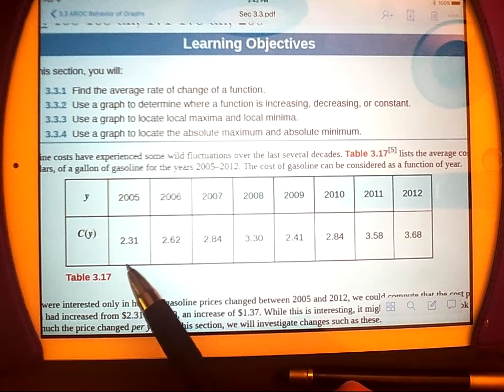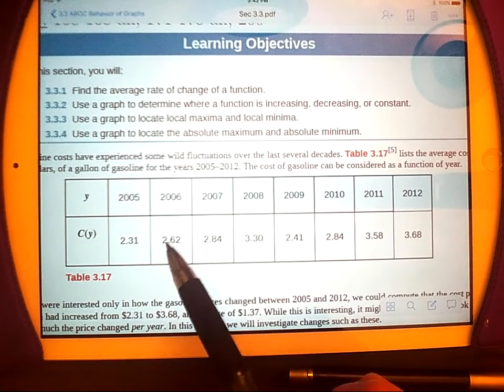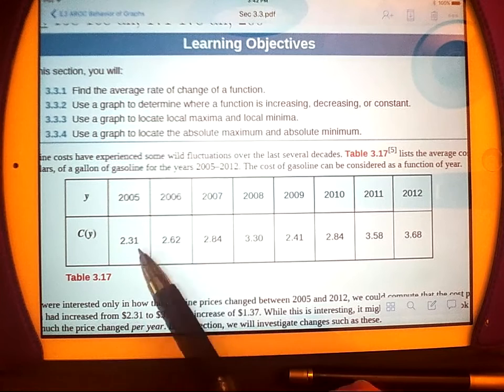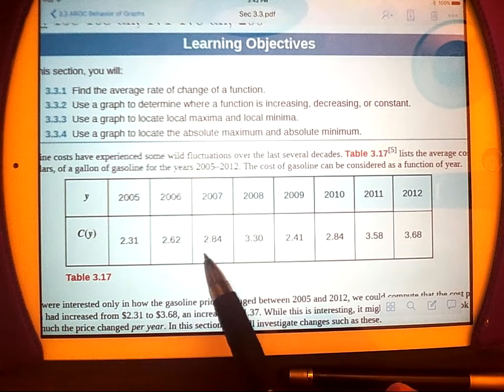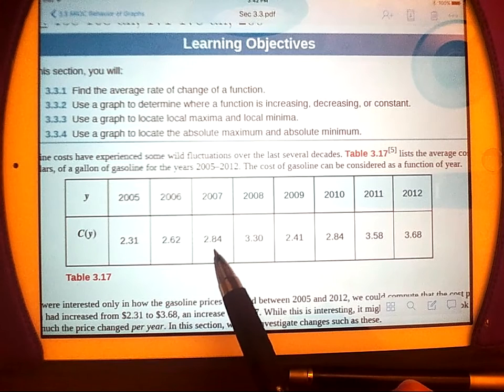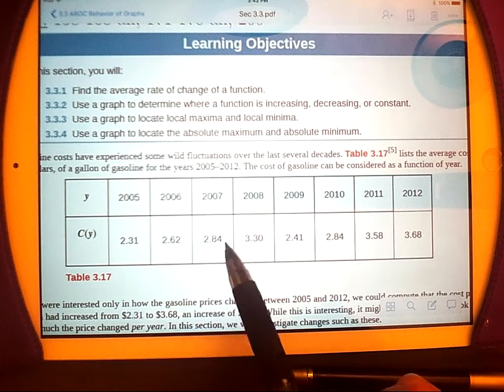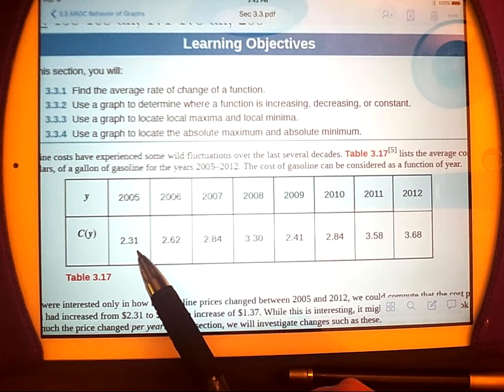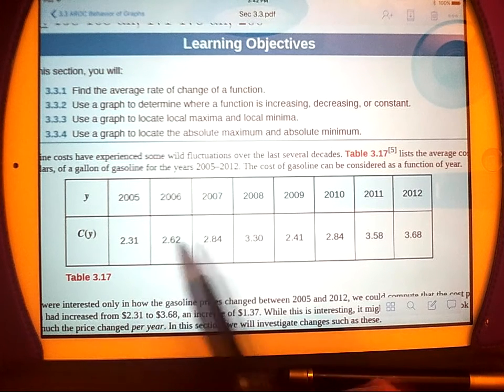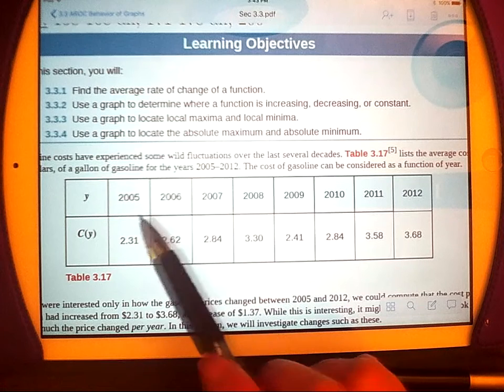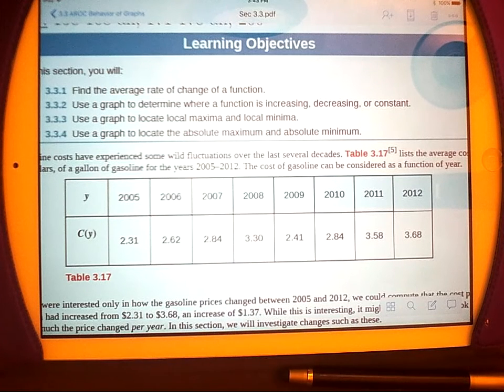We could ask ourselves, okay, well, from this year to this year, there's 2 years in between, how much on average did the gas go up? To do that, we'd have to take $2.84 and subtract $2.31 to get 53 cents. But then we'd have to divide that by 2 to find out how much on average it changed during that time.